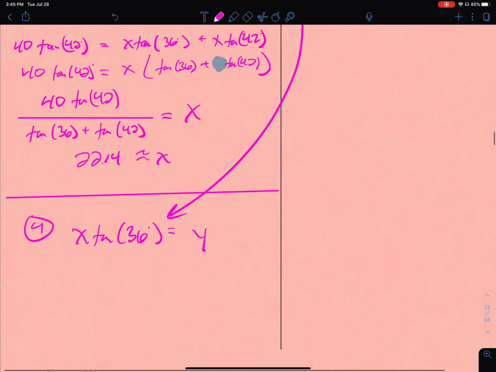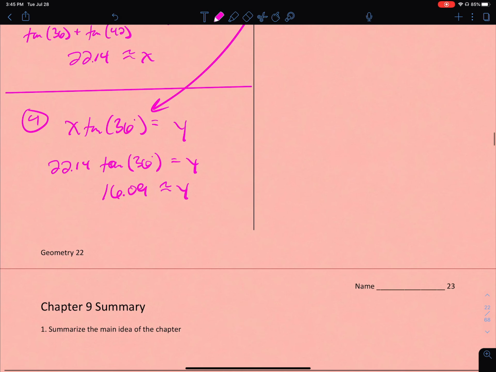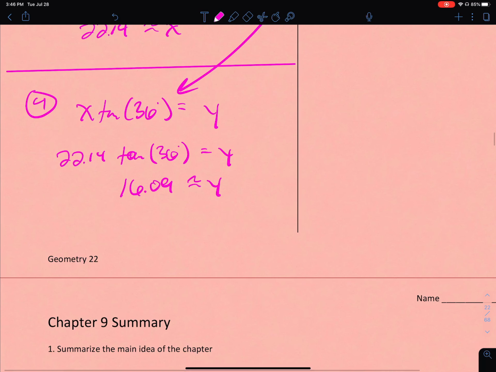We're going to replace x with 22.14. Substitution. Property of equality for real numbers. If you put that in your calculator, you get about 16.09. Sentence answer. The poop is about 16 feet tall because the directions said round to the nearest foot.